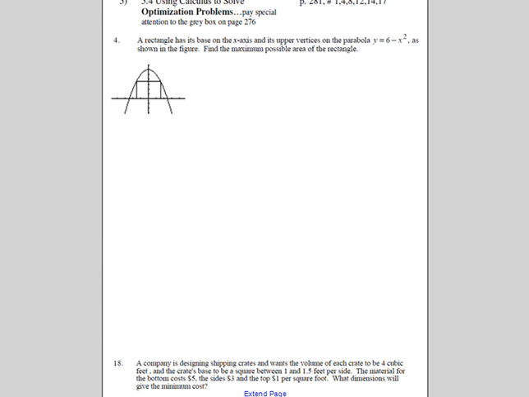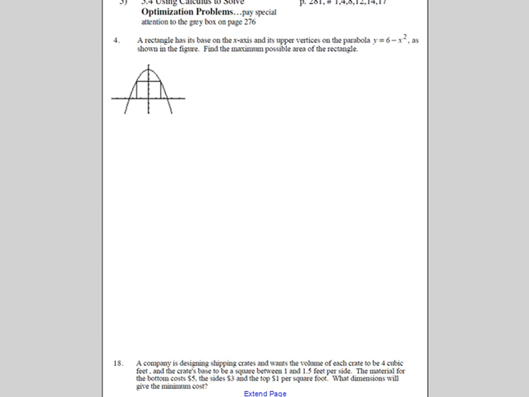Okay, we're going to do one more problem here, and you'll be looking at this later on, the next day, as one of your possible problems. So pay extra attention. It says a rectangle has its base on the x-axis with the upper vertices on the graph of 6 minus x squared.